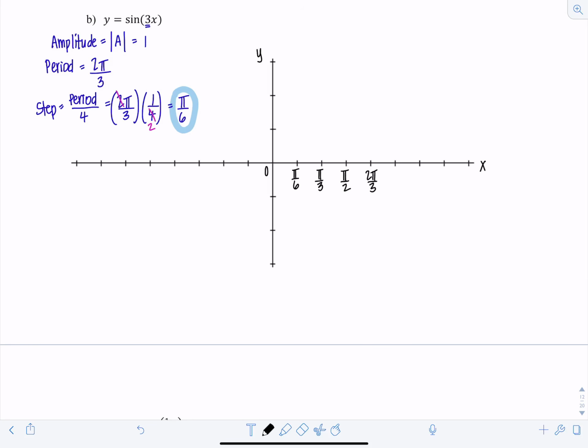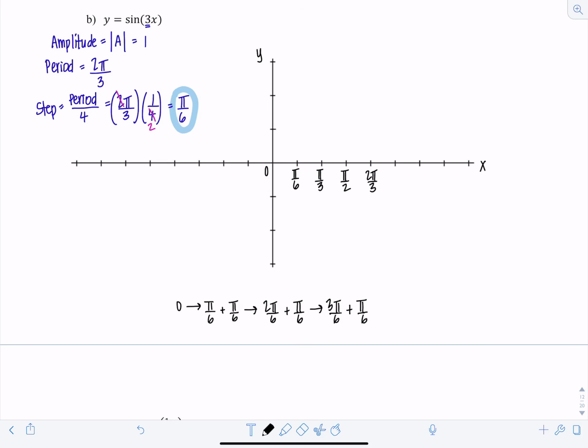So 0 is the first point. Then we keep adding pi over 6. Pi over 6. Then I add another pi over 6, then I get 2 pi over 6. Then I add another pi over 6, I get 3 pi over 6.